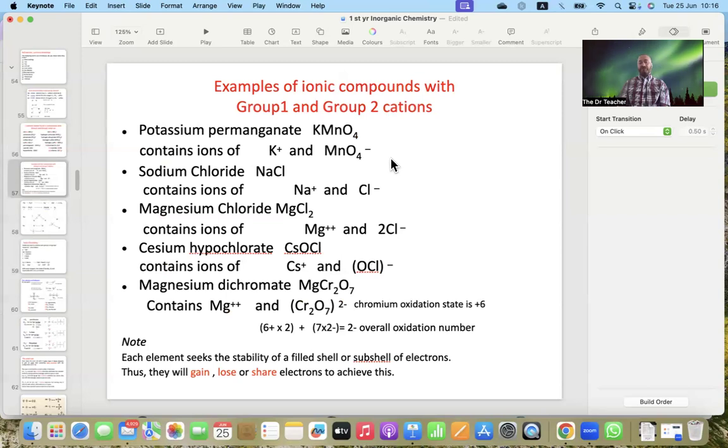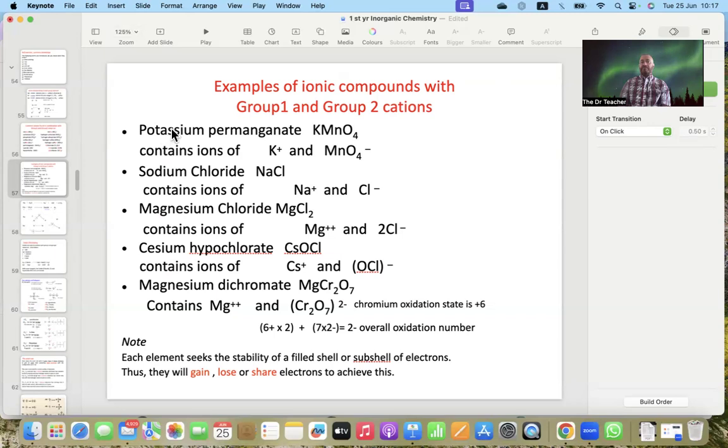Cations means positively charged. Potassium permanganate. You remember MnO4 has the minus charge as a group. So once potassium lost its electron, it's a positively charged potassium, and with the negatively charged MnO4, the overall charge here will become zero.